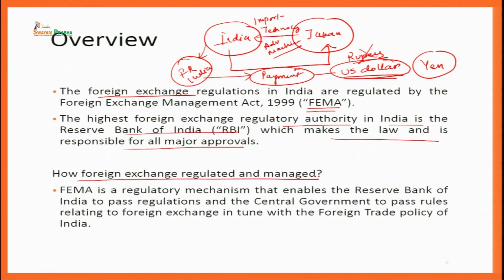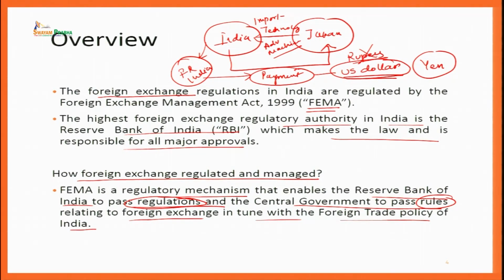How is foreign exchange regulated and managed? Foreign exchange management is a regulatory mechanism that enables the Reserve Bank of India to pass the regulations, and the Central Government to make the rules related to foreign exchange in tune with the foreign trade policy of India.